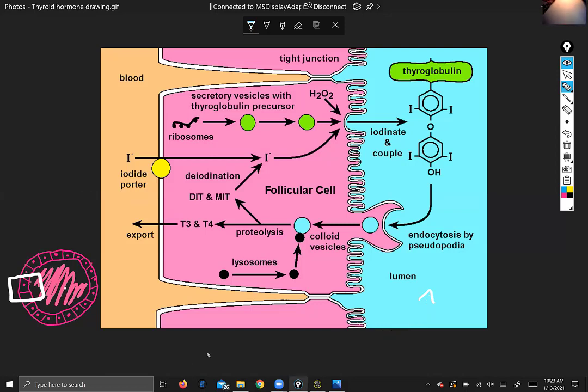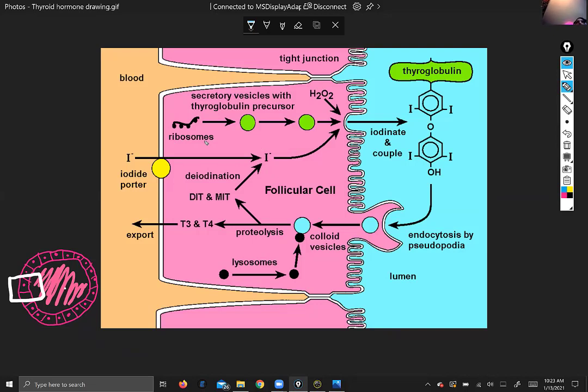All right, I know that this is a very busy image, but as is my practice with stuff like this, where there's a lot of new info and it's intimidating to look at, I'm going to go one step at a time. So the first one I'm going to focus on is this right here. We've got secretory vesicles.